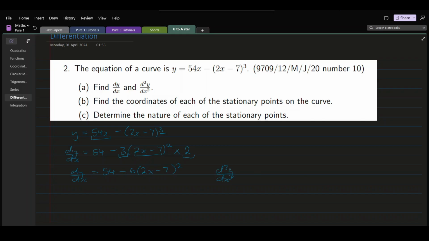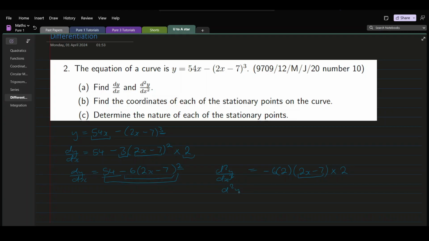Now let's find the second derivative. So that's basically differentiating dy/dx. If you differentiate 54, you get 0. And now let's differentiate the second term. So we've got negative 6, bring down the power, that's times 2, (2x minus 7), subtract 1 from the power, that becomes 1. So we leave it like that. Differentiate the inner function, you get 2, so multiply by 2.